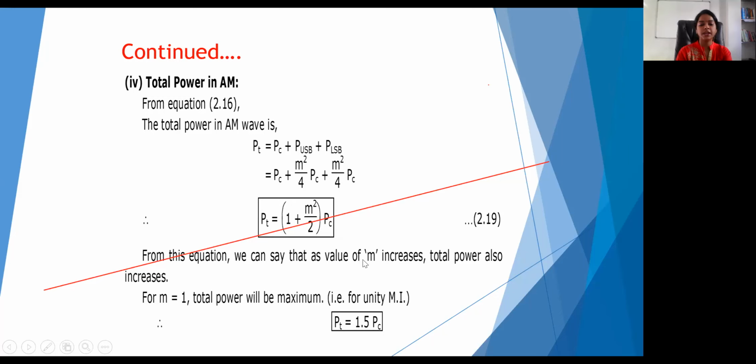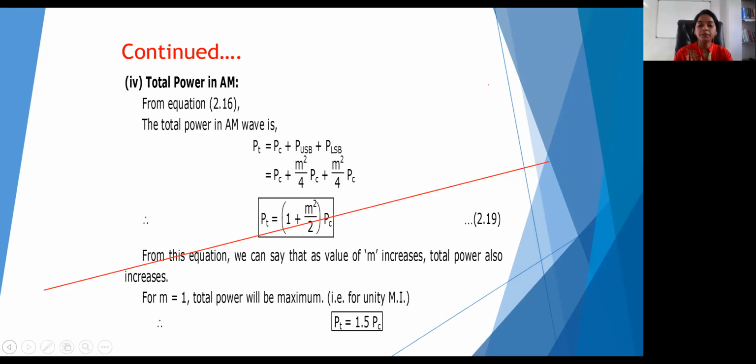How will we calculate this? M increases to unity for unity modulation index. What is unity modulation index? We saw the conditions of the modulation index: m is equal to 1, m is equal to 0, m is greater than 1, m less than 1.